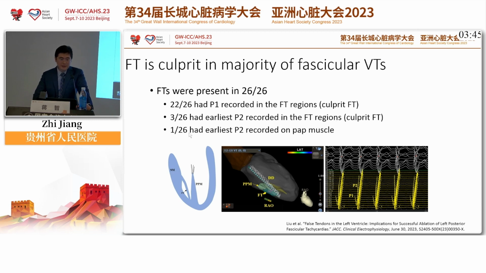Only one patient had the earliest P2 recorded on the papillary muscle. No P1 was recorded. The most prevalent false tendon was type 2, arising from the left septum to the distal apex.